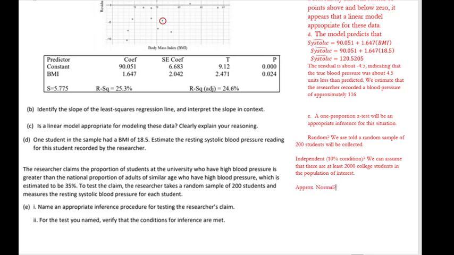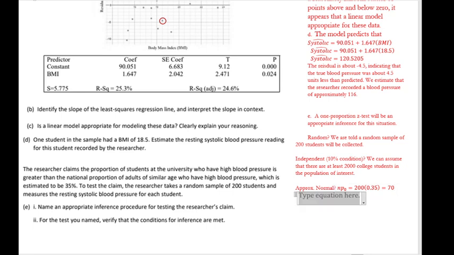So this is going to be the n p greater than 10. So here, n times, remember that this is our proportion from the null hypothesis. So our null hypothesis is that it'll be 35%. So that's going to be 200 times 35%, which is going to be 70.